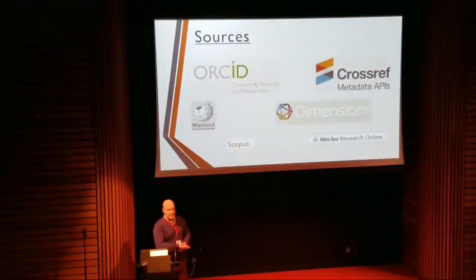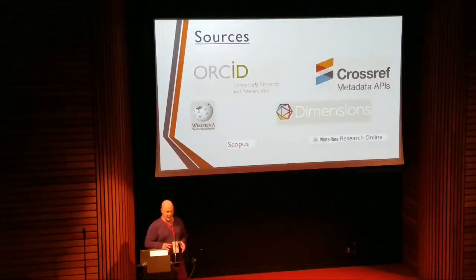And in terms of sources that I've been using, after doing some work with Wikipedia, I've been experimenting with different sources. I found ORCID to be the best one to use in terms of the quality and the coverage, and also the fact it integrates very well with the tools that we have.